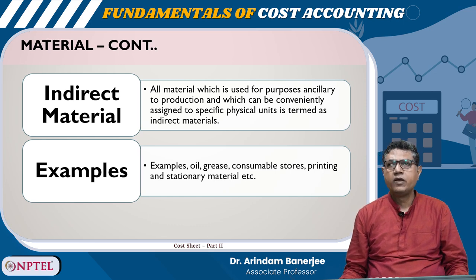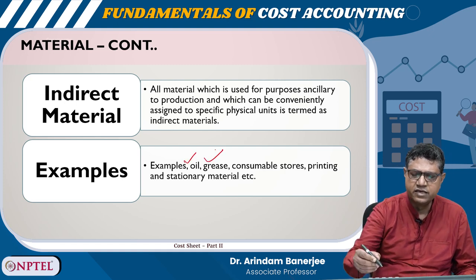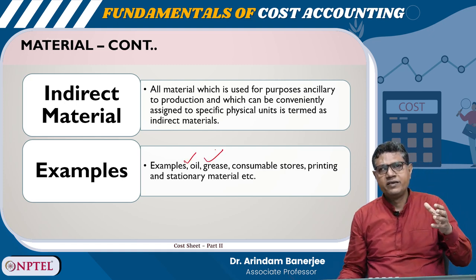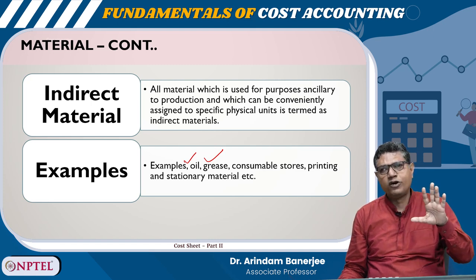Indirect material is all material which is used for purposes ancillary to production and which cannot be conveniently assigned to specific physical units. For example, oil, grease, etc. Suppose there is a gear cutting machine, and the company produces 5 different models of car.